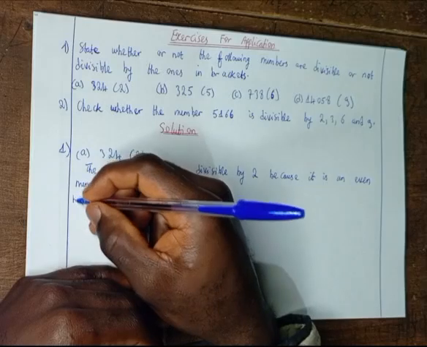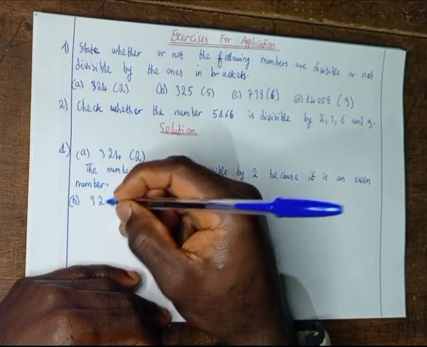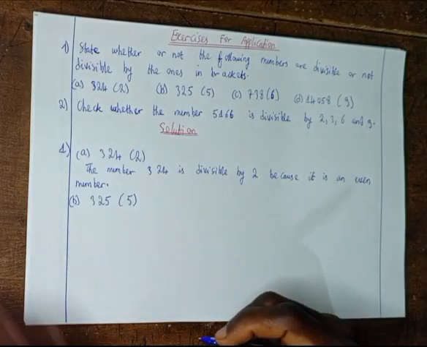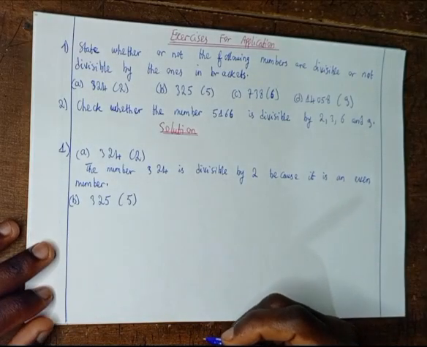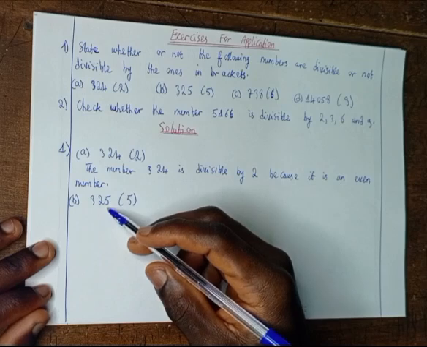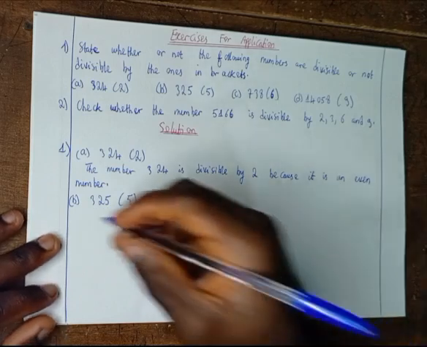The next one, if you go to B, we have the number 325. You have to check whether it is divisible by 5. The number 325 is divisible by 5 because the last digit of this number is 5. It ends with a 5. So you write it down.